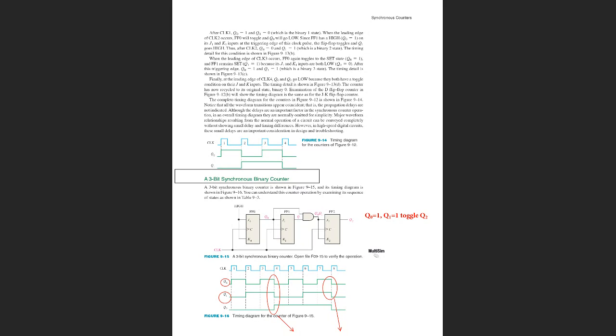And we have an AND gate. The AND gate is connected to Q0 and Q1. What does it mean? If both Q0 and Q1 are 1, we toggle Q2.